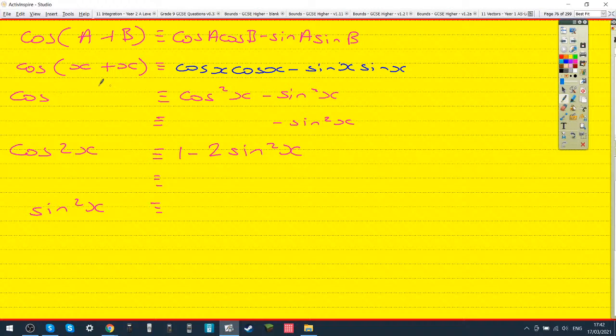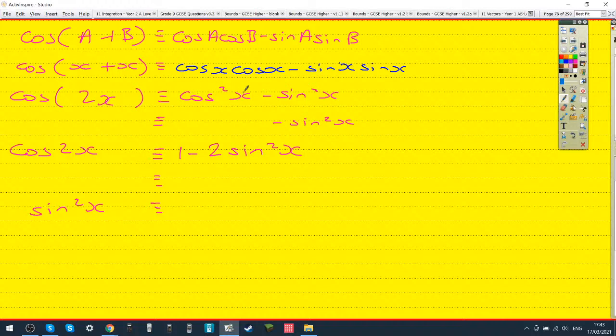What is x plus x the same as? cos 2x? Well done. Yes. And so cos 2x is the same as cos squared x minus sin squared x.